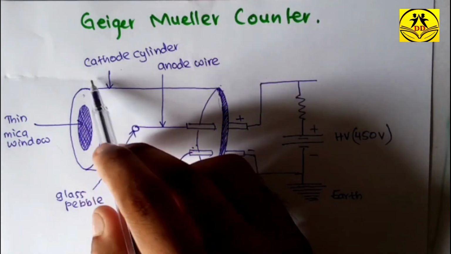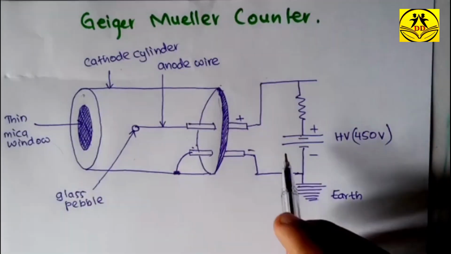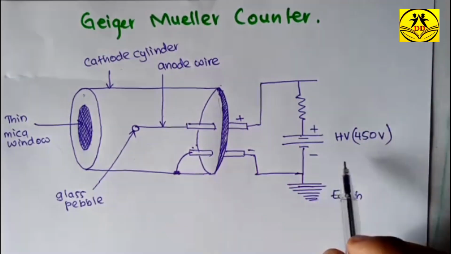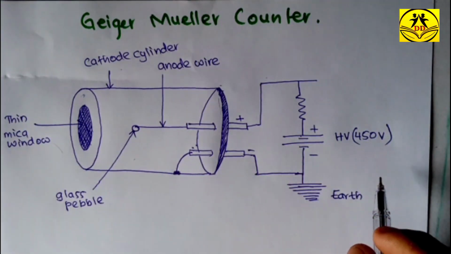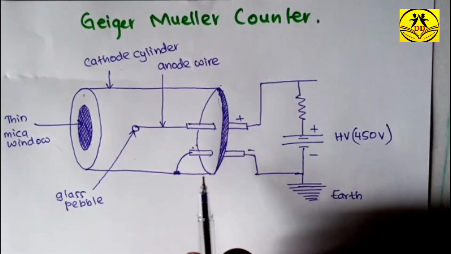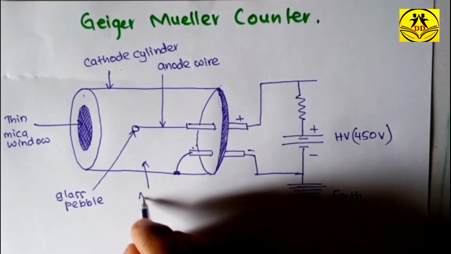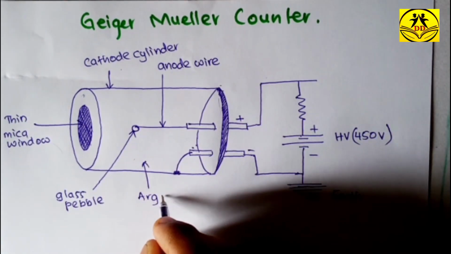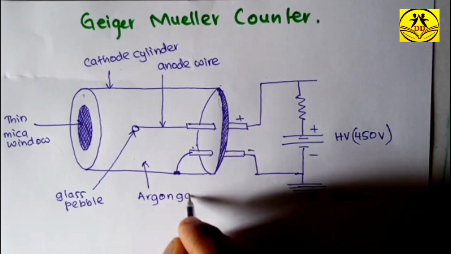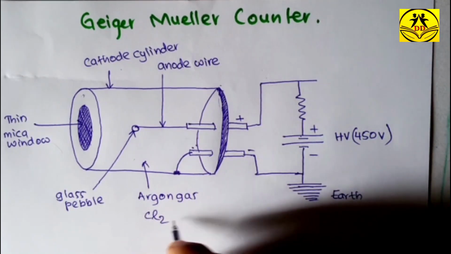So the cathode will be the metal cylinder, and it is connected to a high power supply of around 450 volts, and inside the cylinder it's filled up with argon gas and a small amount of chlorine gas.